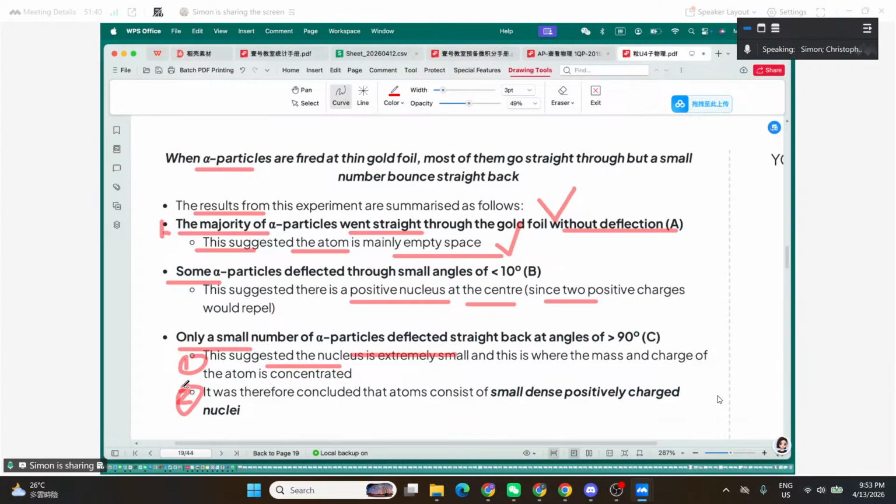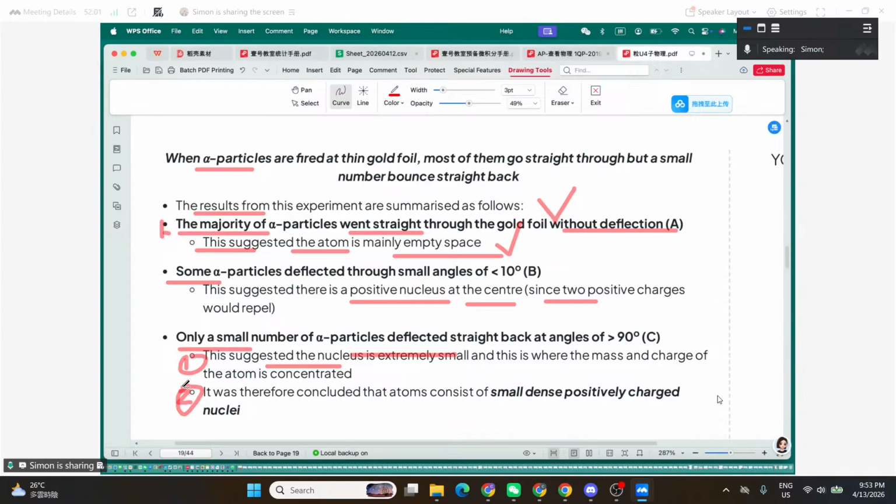So we have to memorize all of the results and the corresponding conclusions. The first: the majority of alpha particles went straight through the gold foil, which represents that the atom is mainly empty space.